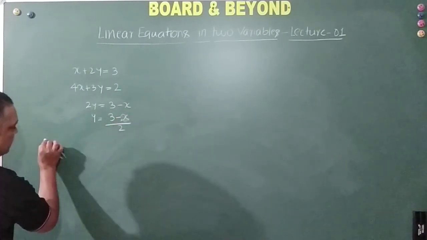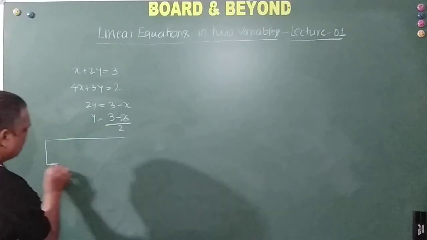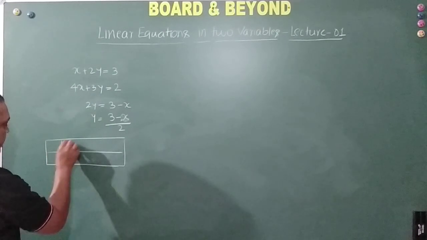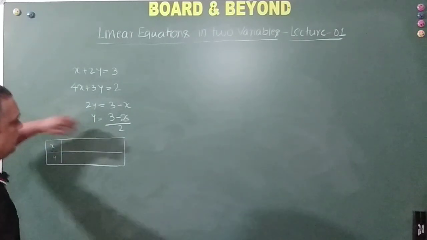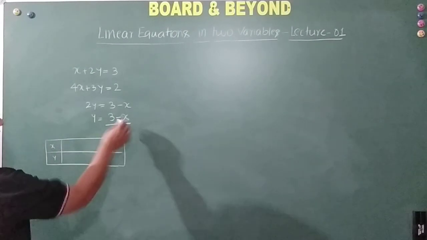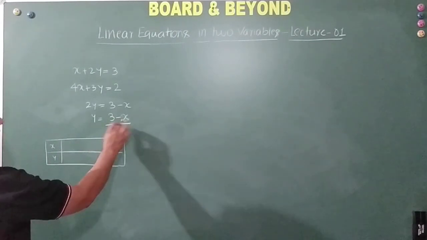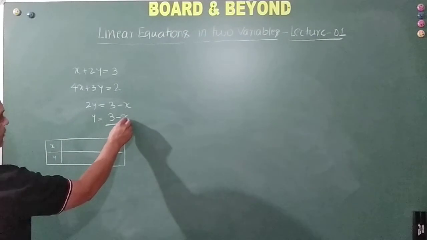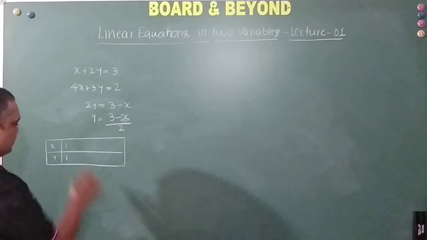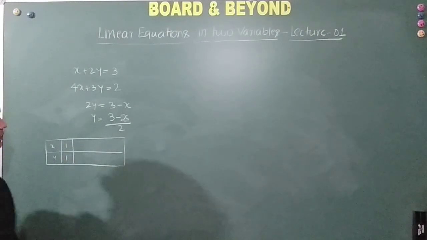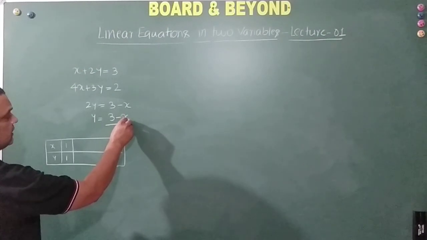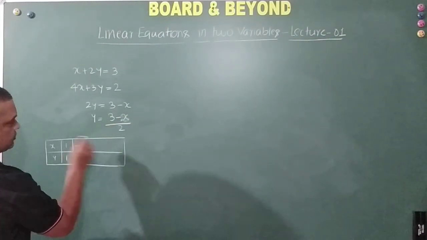Now we make a table here, x and y. If I do not want to get fractions, let me take x is equal to 1. So y is equal to 1. Right, friends? You are able to see this? Now x is equal to minus 1.